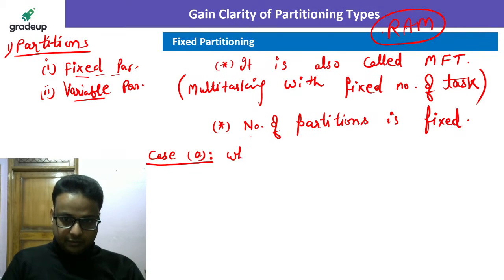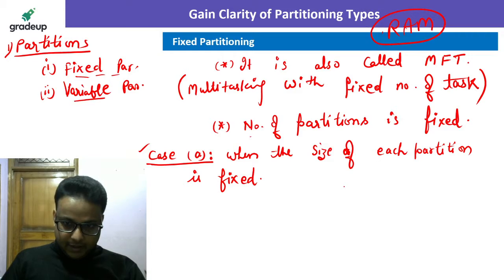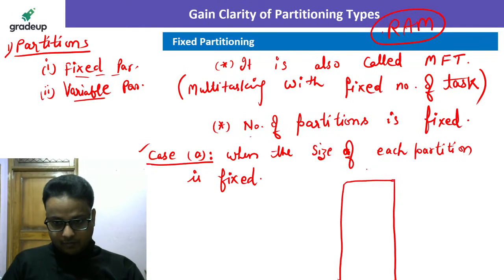So when the size of each partition is fixed and the number of partitions is also fixed, then we say case A. Suppose we have a memory here, and let's say it is a 64K memory.